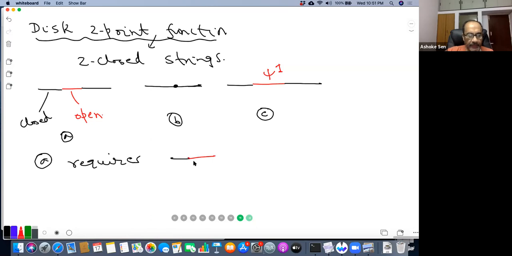For our purpose, we can take this to be on shell, since this is the external state. But this we need off shell information, and that's where these extra parameters that I talked about in string field theory come in. So this requires off shell information, and that's what we have to specify.